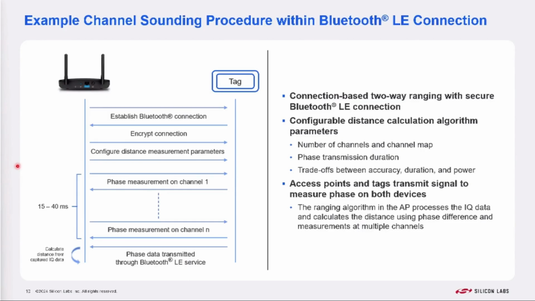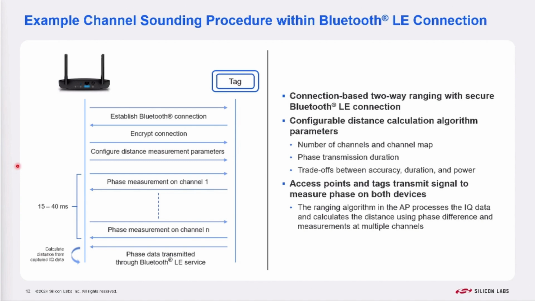So this is just to roll up all of the protocol pieces that we've looked at over the last couple of slides. There's an initiation of an establishment of a Bluetooth connection. There's all the setup work involved in encrypting the connection, comparing capabilities and choosing a configuration.